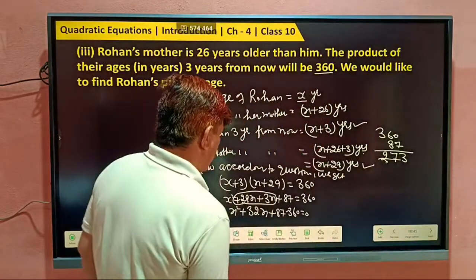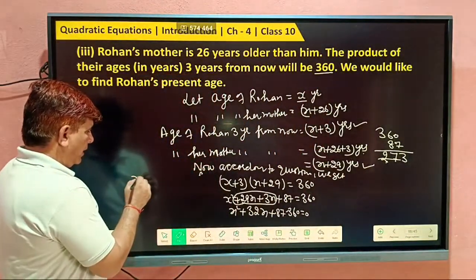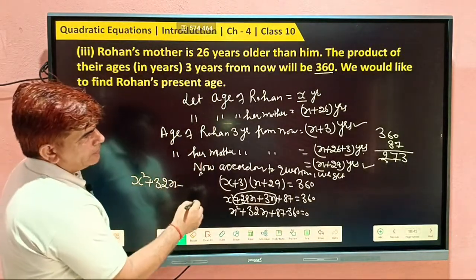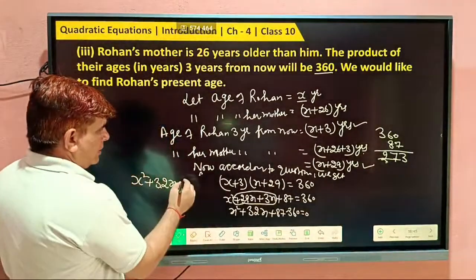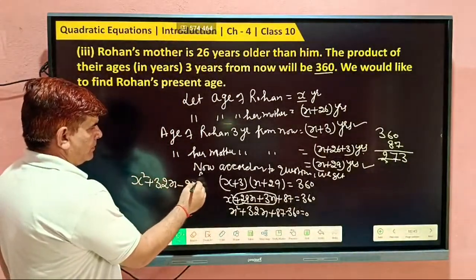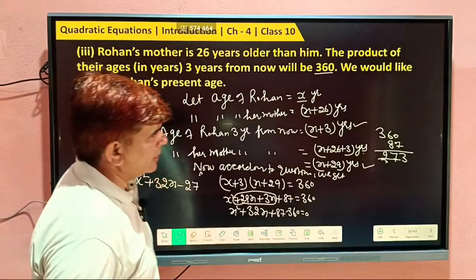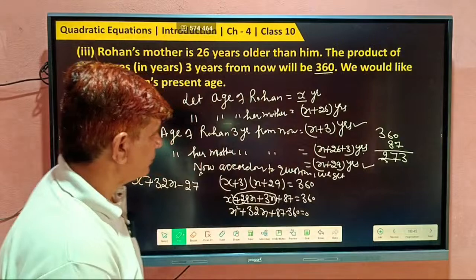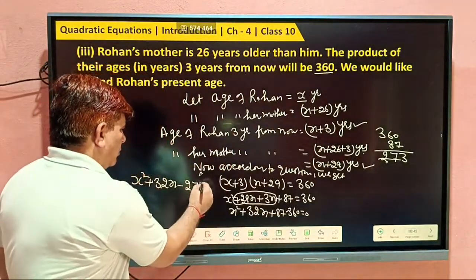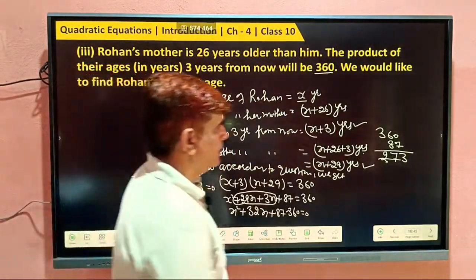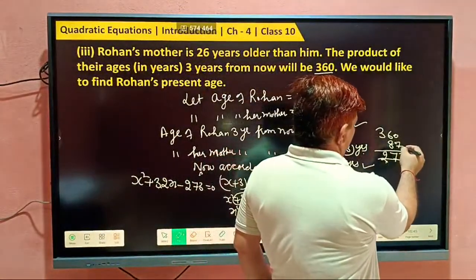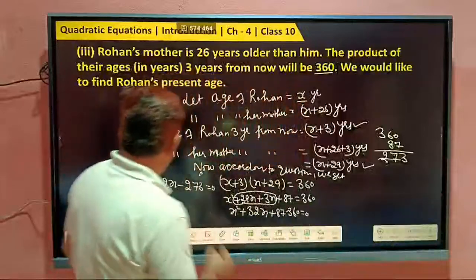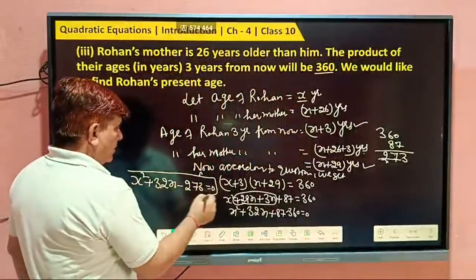So we write X square plus 32x minus 273 is equal to 0. Once more check: 5, 10 minus 7, 3, 15, 15 minus 8, 7. So this is the equation.